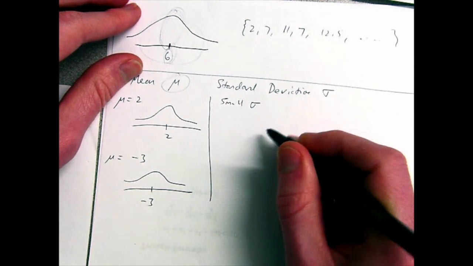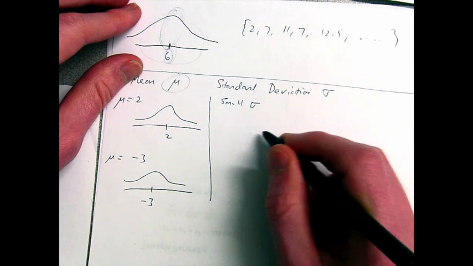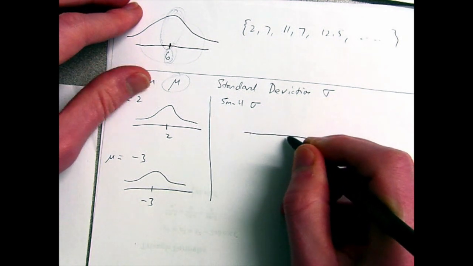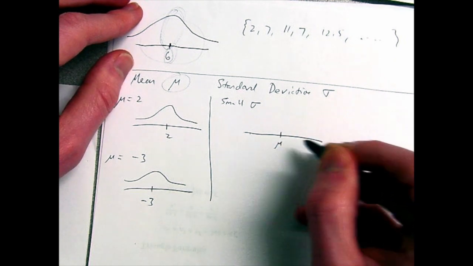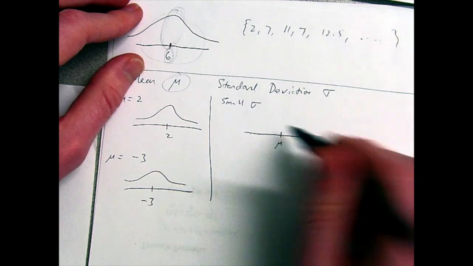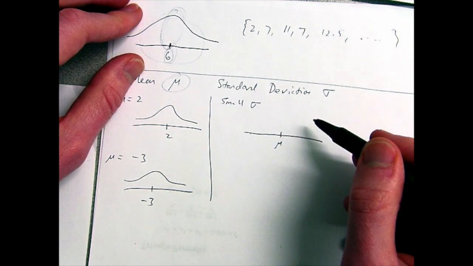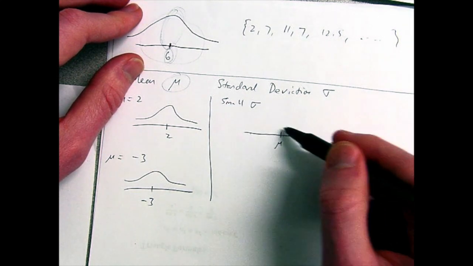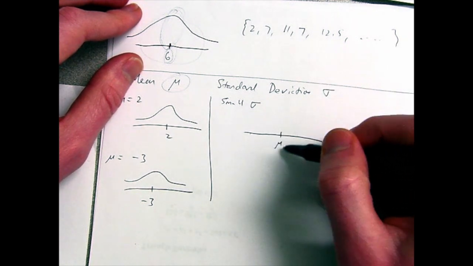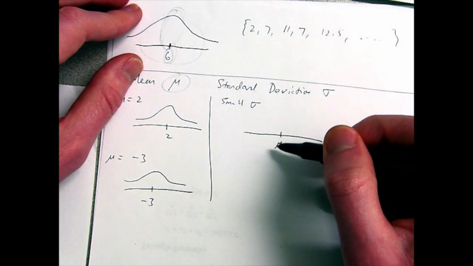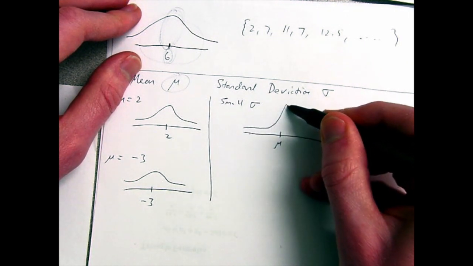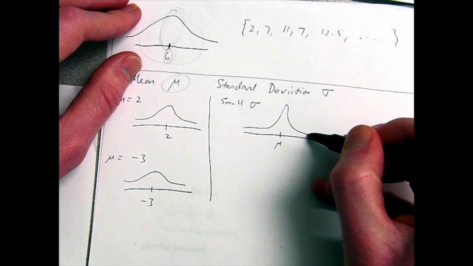A very small standard deviation means that your distribution has very little spread. Whatever mu is, if you have a small sigma, the data is very highly concentrated around the mean. Your distribution will look something like this, a big tall spike right at mu.